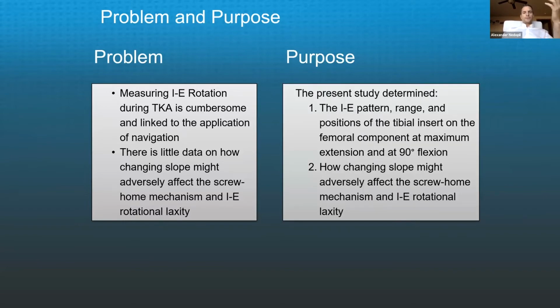So the purpose of the present study was first to determine the rotational pattern, the range of rotation, and the rotational positions of the tibial insert on the femoral component at maximum extension and at 90 degrees of flexion. And then to determine how changing the slope might affect the screw mechanism and the rotational laxity.